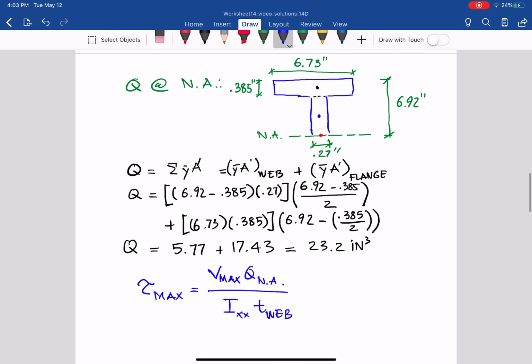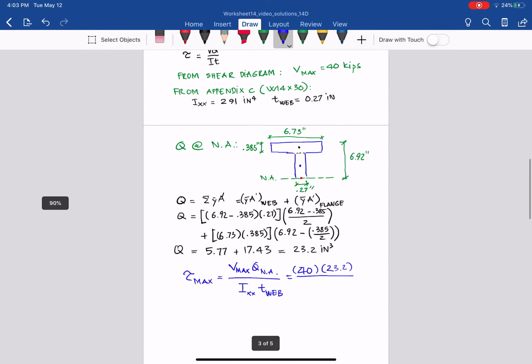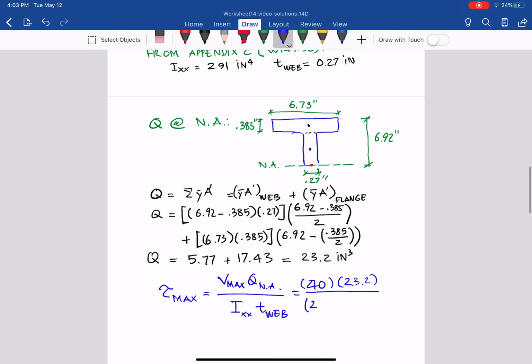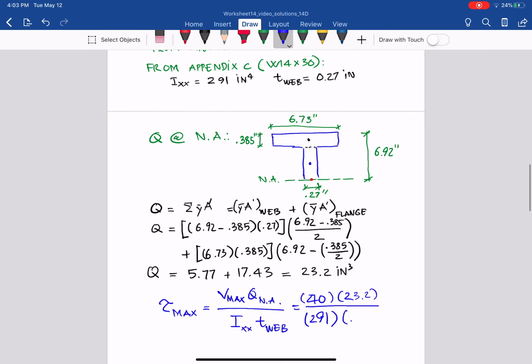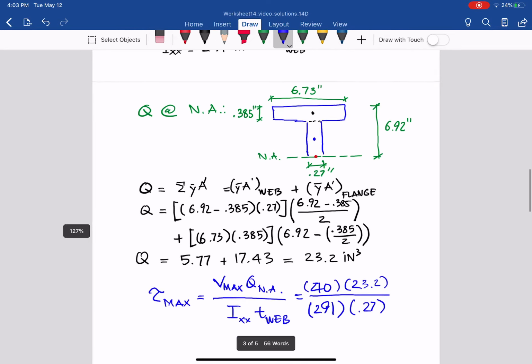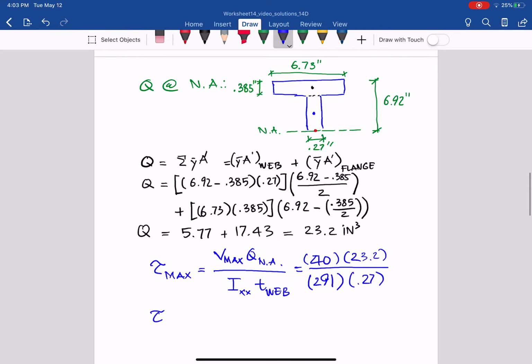So from that we can plug in the numbers: 40 kips, Q NA 23.2, divided by I, which we got there as 291, t web 0.27. So from that we have tau max equal to 11.81 ksi.